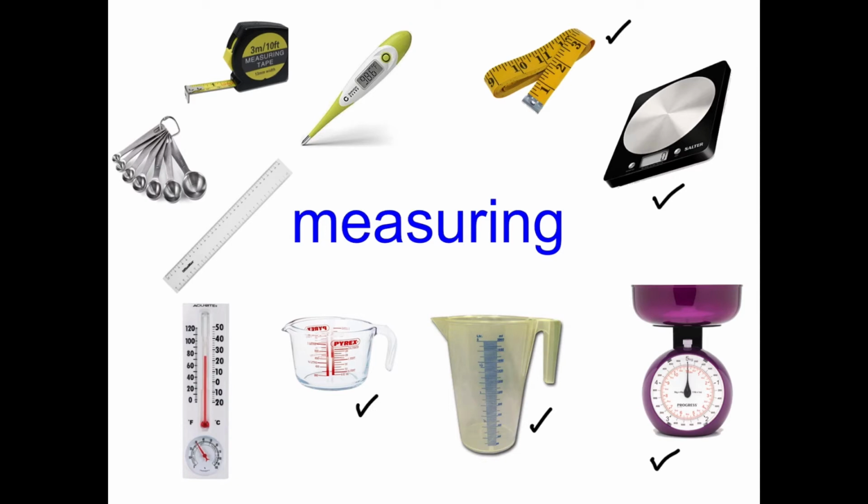So when you fill them up with a liquid, it measures how much liquid you have. I wonder if you know what that one there is. That's for measuring temperature, how hot it is or how cold it is. And then we've got a ruler, which you should be familiar with, for measuring length. We've got a tape measure, which is just another form of ruler, really. It's just a longer form of ruler.